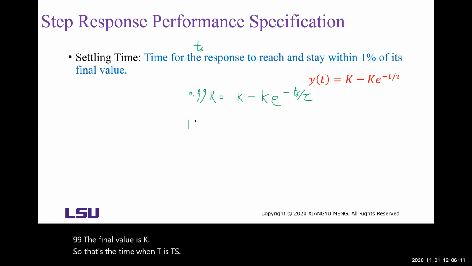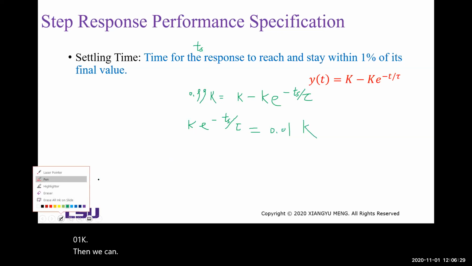So we know K exponential minus Ts over tau will be 0.99 K, so 1 minus that gives 0.01 K. Then we can divide K on both sides. The K is gone.